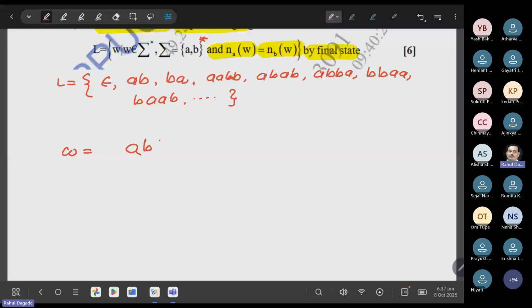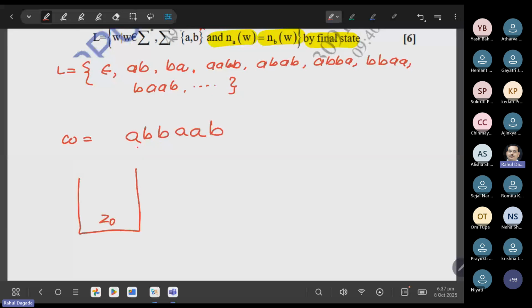It is a valid string. It contains three A's and three B's. So what logic will we apply? Right now we have a stack. Initially Z0 is on stack. We are now reading the input from A. So when I see A and nothing on stack, let us push it. So A goes on stack.